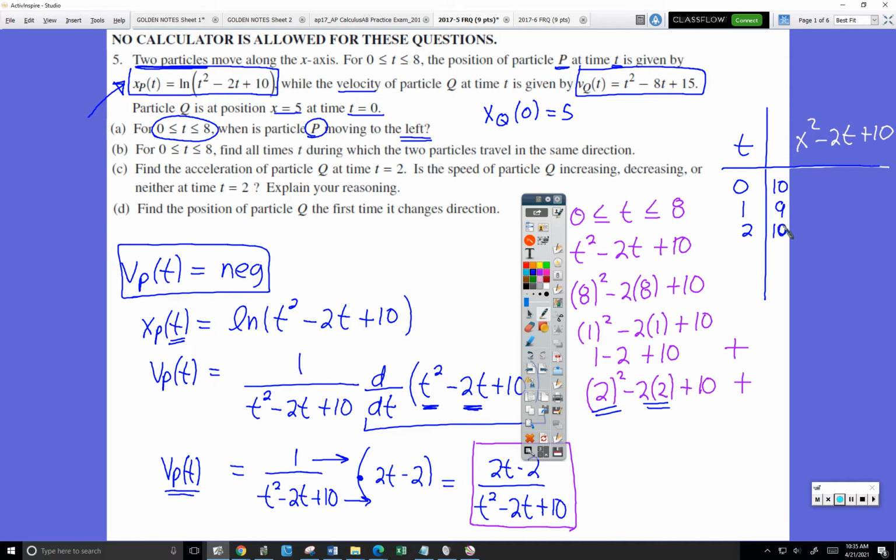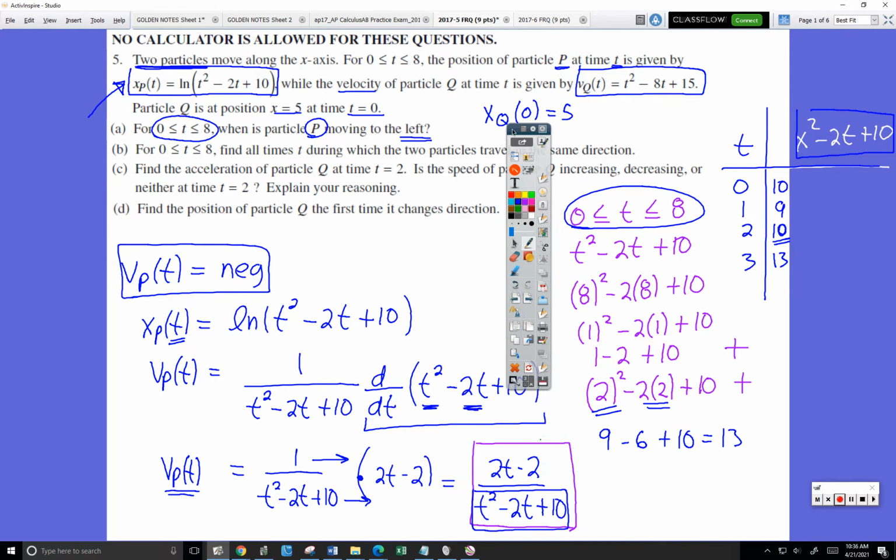So this is a parabola, and it looks like the parabola has turned. It's heading back up. So when I plug in 3, 3 squared is 9. 2 times 3 is 6. 9 minus 6 is 3, plus 10 would be 13. So yes, the parabola is headed back up. So that means this is always positive for times greater than 0. So I just have to pay attention to what this is doing.